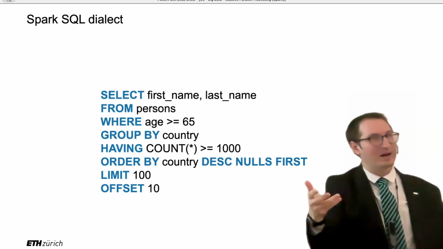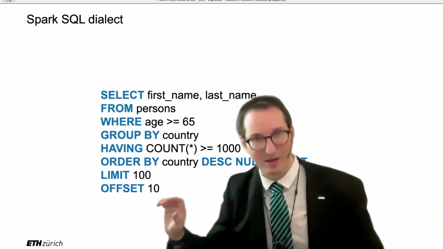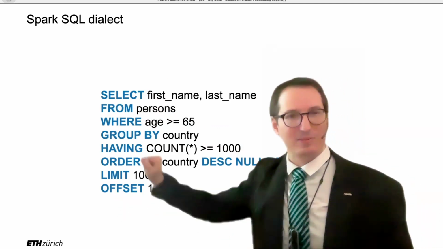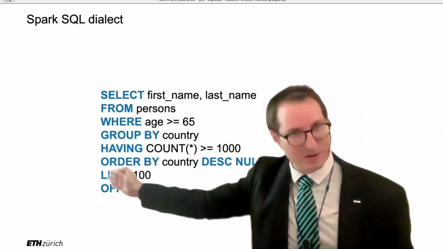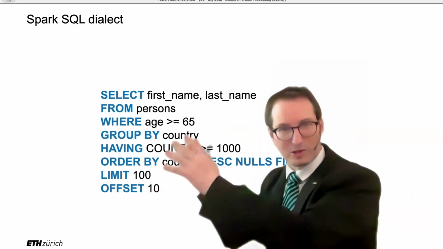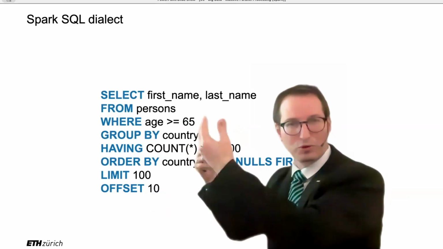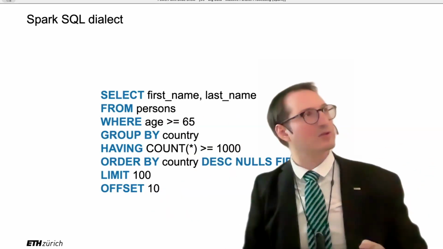So just like any dialect of SQL, you might have some things that are not exactly the same as in other systems, but more or less the same, right? So select, from, where, group by, having, order by, limit, offset. These are the clauses of SQL in exactly this order. This works on data frames, and it's going to automatically infer the underlying transformations and query plans.